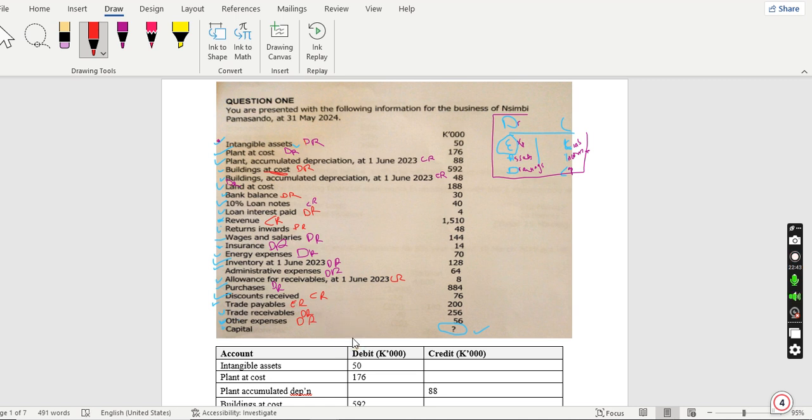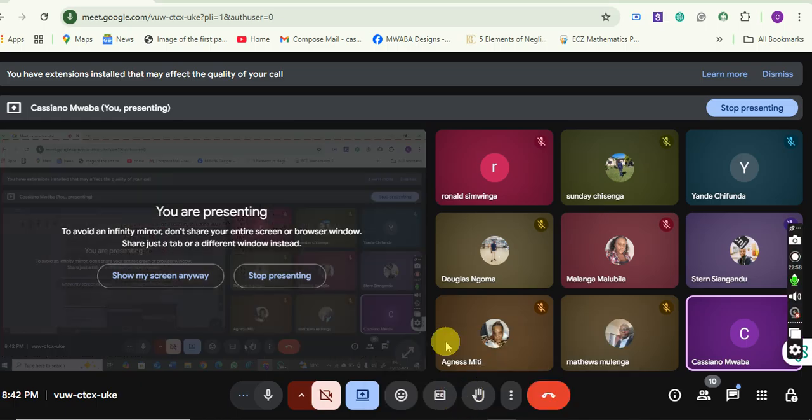What was the explanation of trade payables and trade receivables? Payables are people you owe money, a liability.